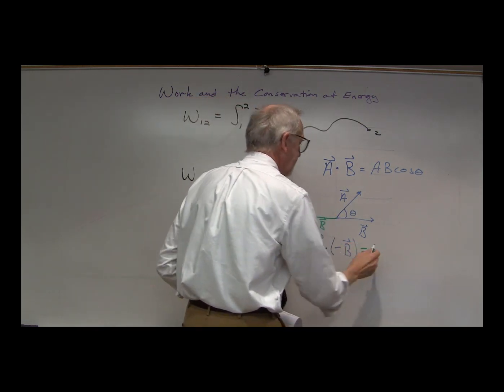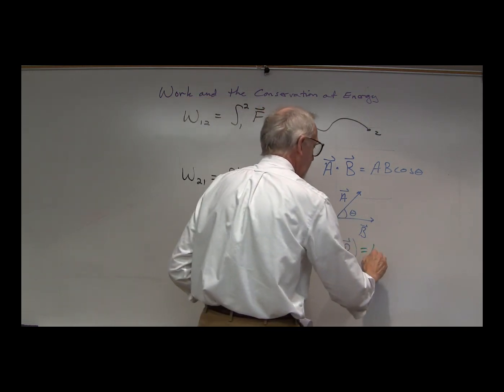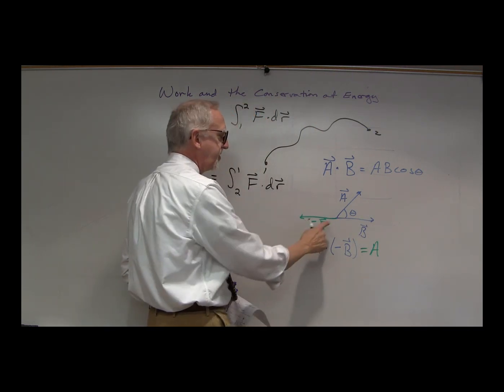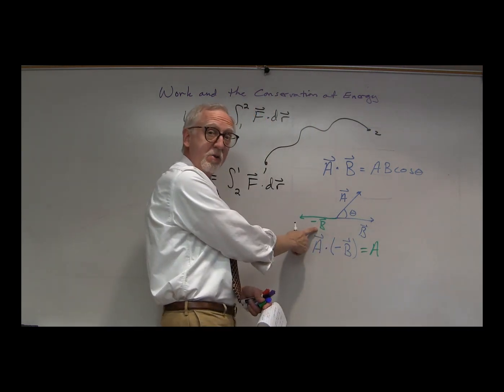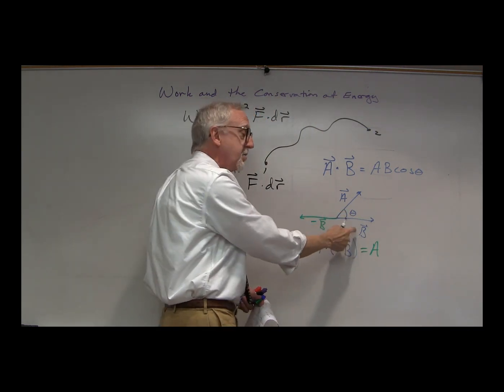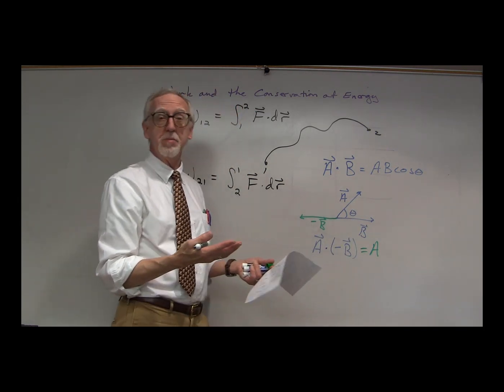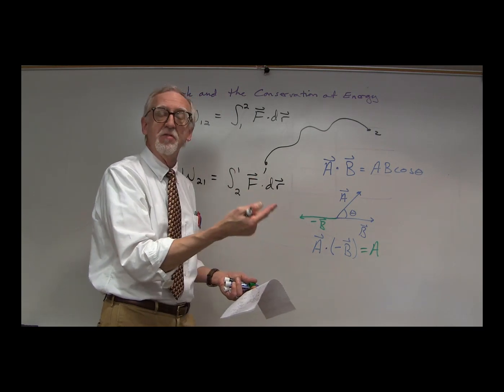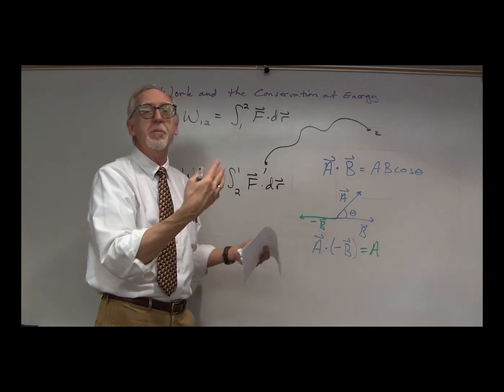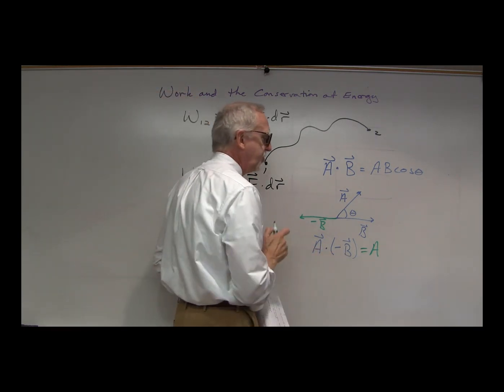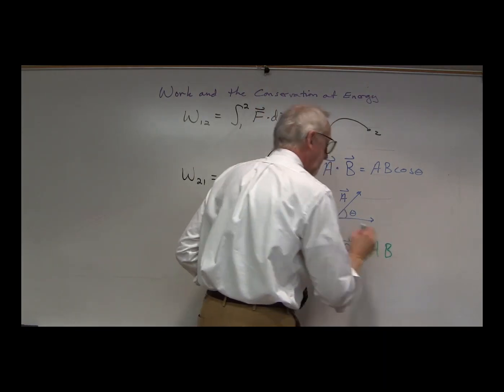Well, that's going to give us the magnitude of the first vector, a, times the magnitude of the second vector, but the magnitude of an opposite vector is the same as the magnitude of the original vector. That was one of the things we determined about vectors. The negative of a vector is a vector that points in the opposite direction, but with the same magnitude. So the magnitude of negative b is still b.